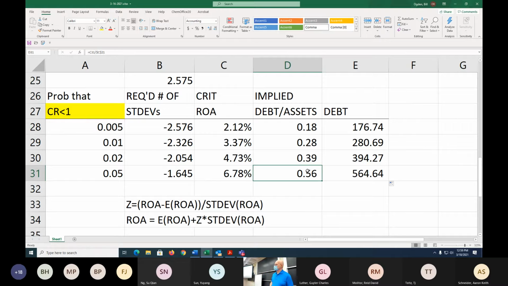Most of them are in the 20s. So where are we here? This is a public utility. You see, a public utility is landlocked. Its return is regulated, so it can afford to have a lot of debt because it's got a cash flow that's predictable. Then you keep going up.